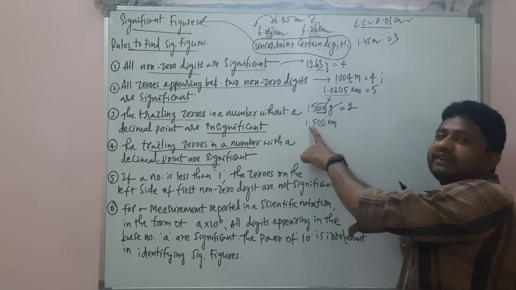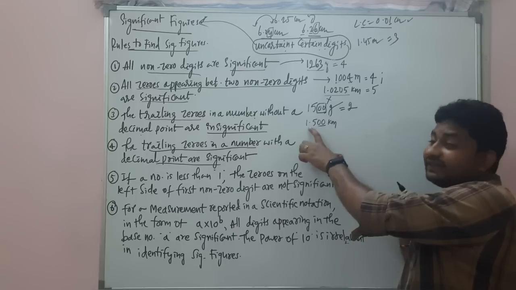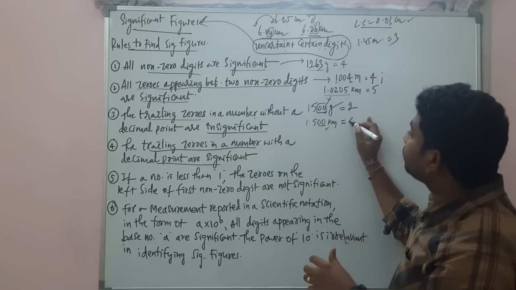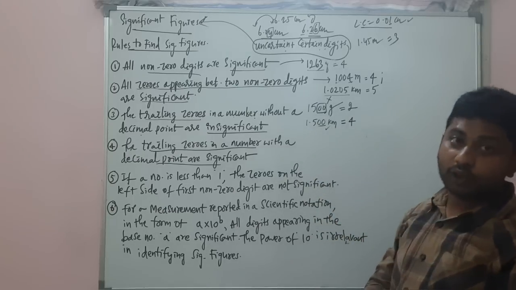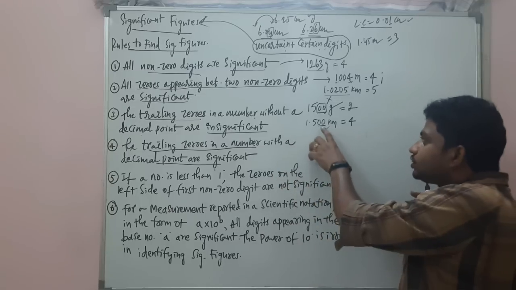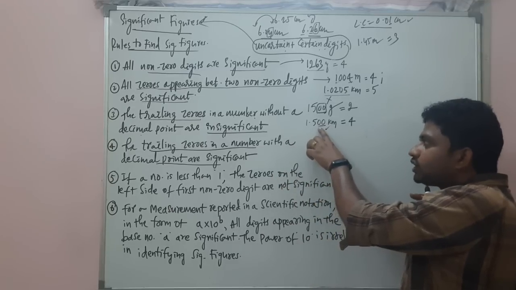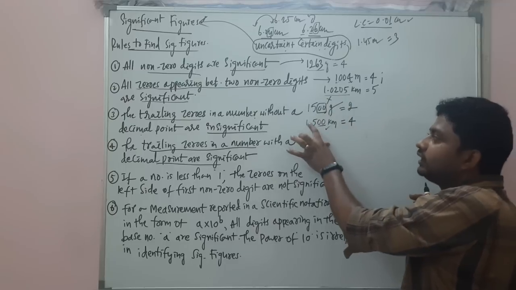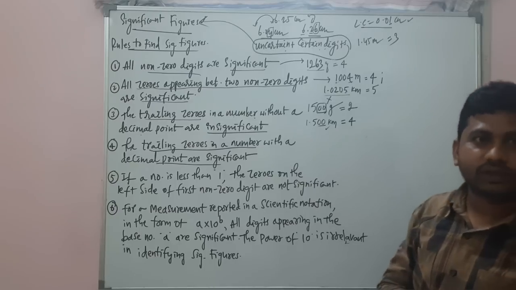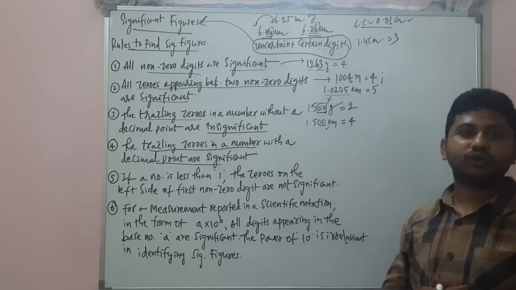When the measurement has a decimal point, the trailing zeros are significant, so the total number of significant figures is 4 here, because 1 and 5 are non-zero digits and these two are trailing zeros in a measurement where the decimal point exists. Alright, my dear students, I hope it's very clear to you.